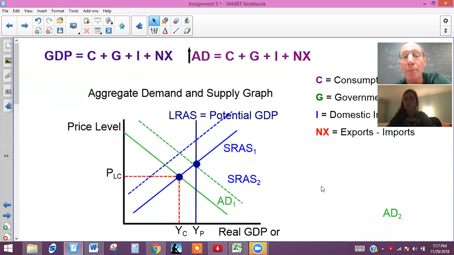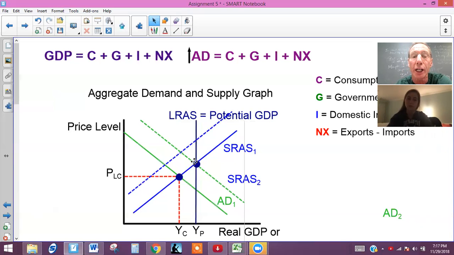Okay, so demand pull inflation looks like the aggregate demand curve shifting out to the right. And typically that's going to happen if we're operating at potential.